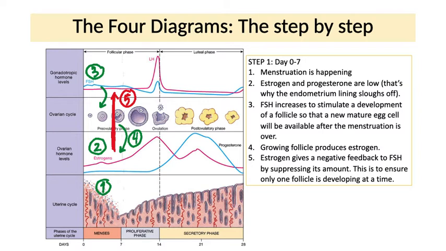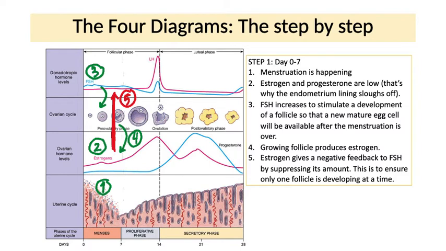Now, from the ovarian cycle diagram, you can see there is a follicle that is growing, and a growing follicle produces estrogen. That's why for number 4, you can see that the red line of the estrogen hormone level in the ovarian hormone levels diagram, graph number 3, starts to increase.